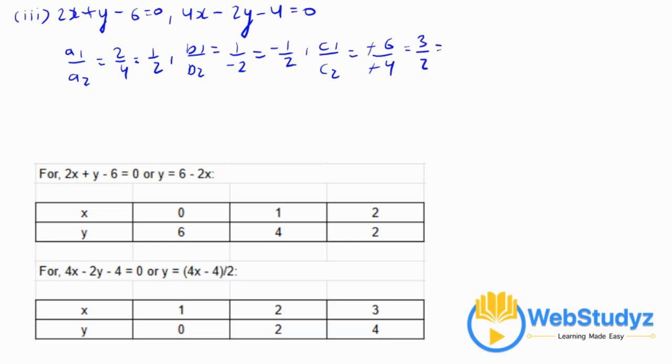So as we can see, a1 by a2 is not equal to b1 by b2. That means the linear equations intersect each other at one point.